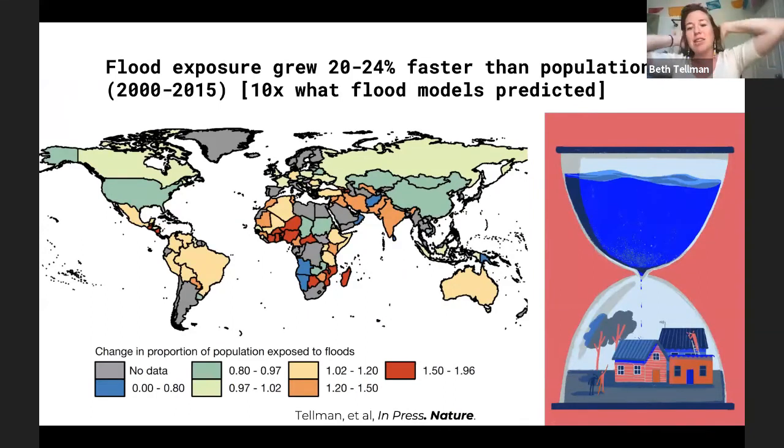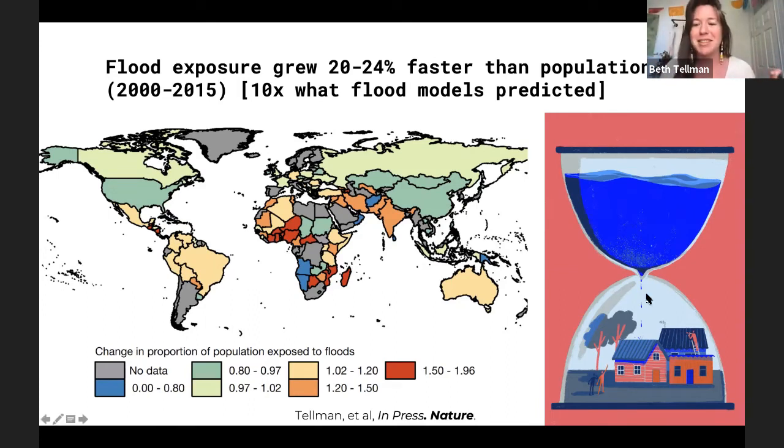Just to contextualize what this means, when we measured how fast a country's population is growing versus how fast the population growth is in the places we saw as inundated, we found something somewhat shocking, which was that flood exposure is growing globally 20 to 24% faster than population growth.